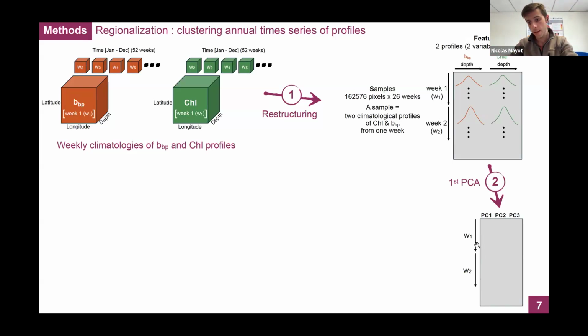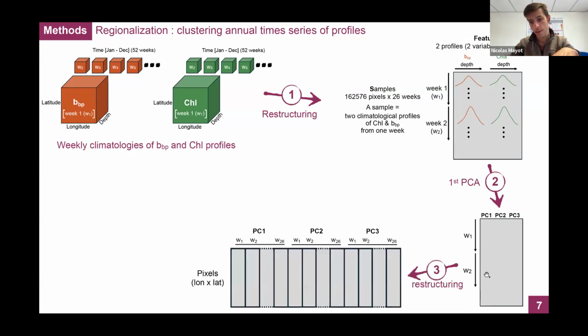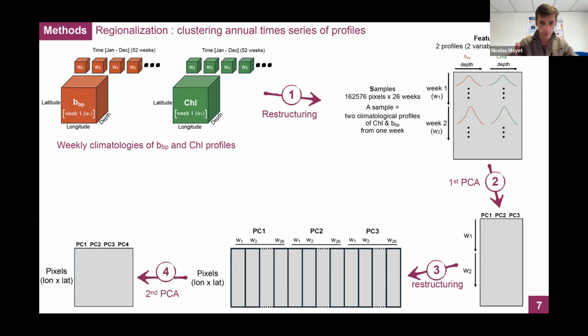Then I'm restructuring this table again, this time having the information for each pixel and for each principal component. So it's kind of a time series of principal components for each pixel, but this information is still quite large. So that's why I'm performing a second principal component analysis.